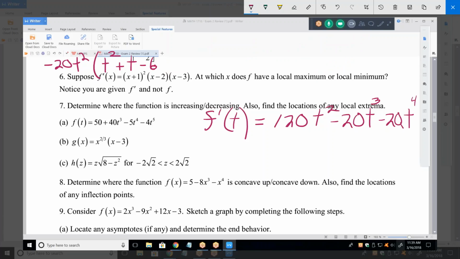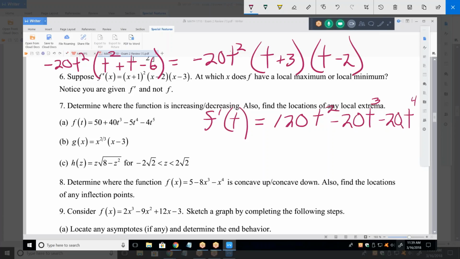So this is equal to minus 20t squared times t plus 3 times t minus 2. All of that has to be greater than or equal to 0.